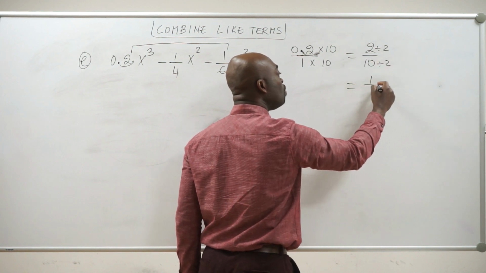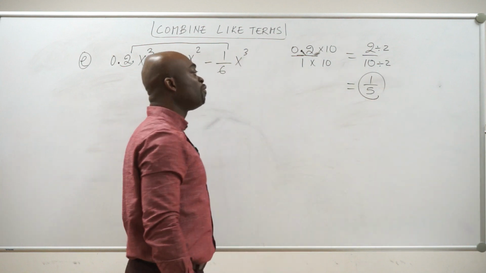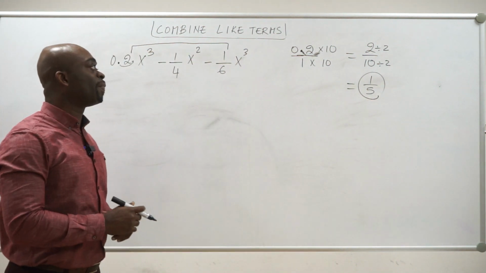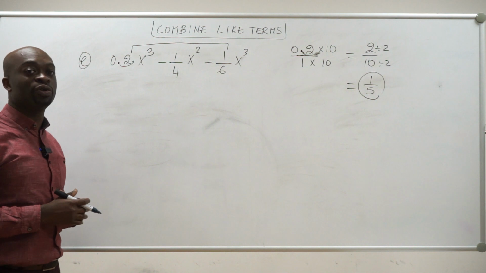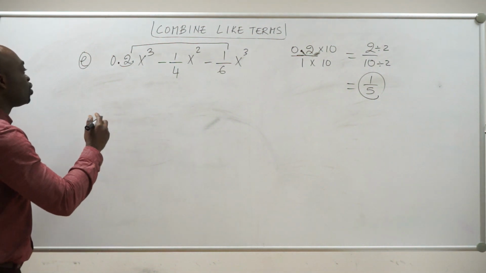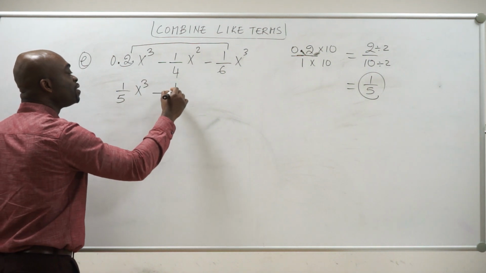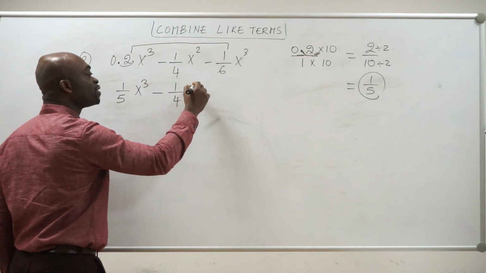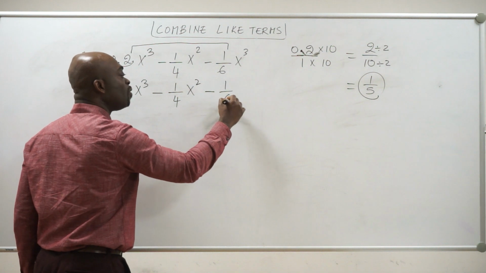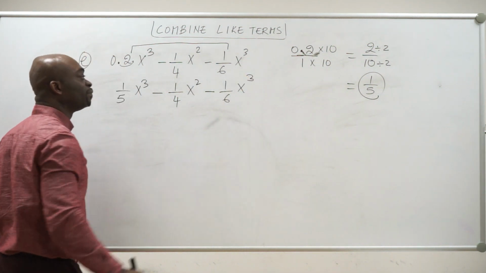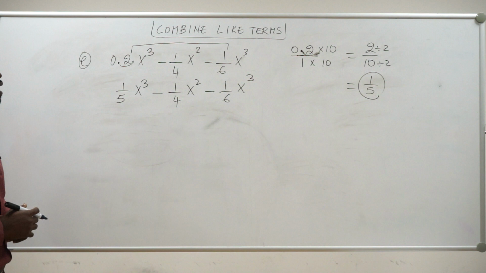So that gives you what? 1 over 5. So you end up with 1 over 5, changing 0.2 to a fraction. So we end up with 1 over 5 x to the third minus a quarter of x squared minus 1/6 x to the third. Okay? So this is what we have at this point.